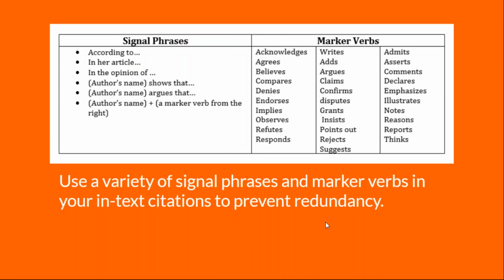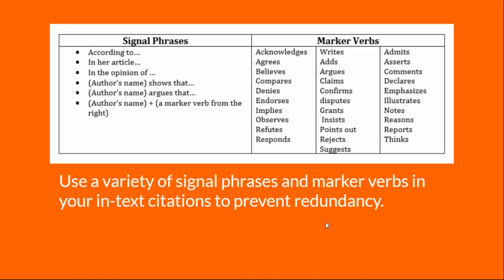Here are some tips for implementing signal phrases. You don't want to use the same one every time. I've read student papers before, and it's like, according to this author, according to that author, according to this study, according to that study, and it gets really repetitive. So just make sure that you're mixing those up a little bit.